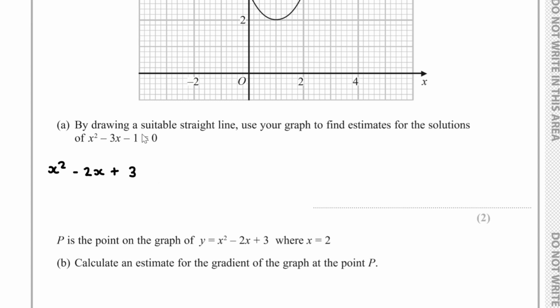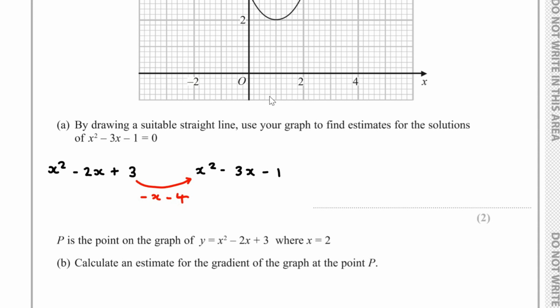What I need to go to is the graph of x squared minus 3x minus 1. To go from the minus 2x to the minus 3x, we subtracted 1 x, and then to go from the 3 to the minus 1, I need to subtract off 4.